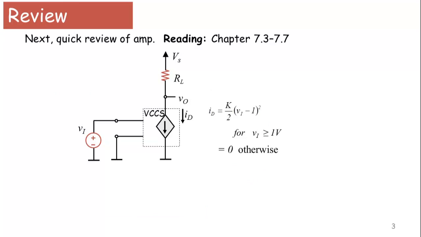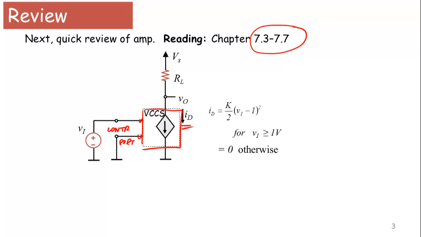Then let me do a quick review of the amplifier, and the reading for this to get some more detail is chapter 7.3 to 7.7. So we looked at the amplifier in a previous sequence, and we constructed the amplifier using a voltage-controlled current source. In this case, my current ID through the dependent source was related to some voltage applied at its control port. I applied a voltage VI across the control port, and that caused the current ID to flow through the dependent source.